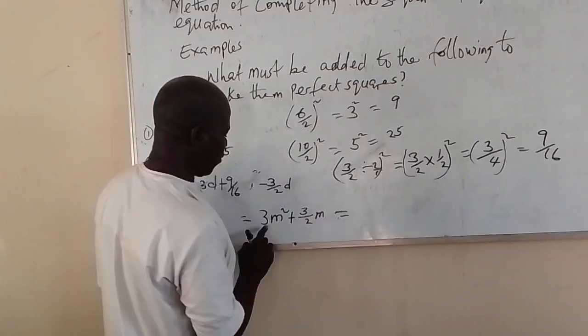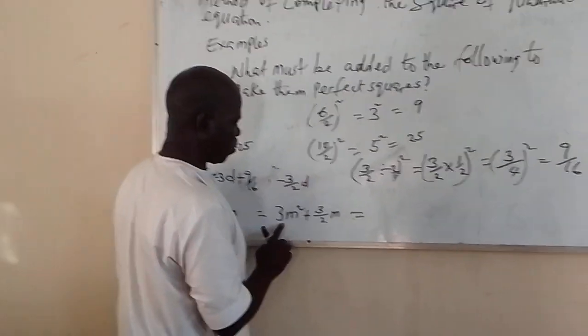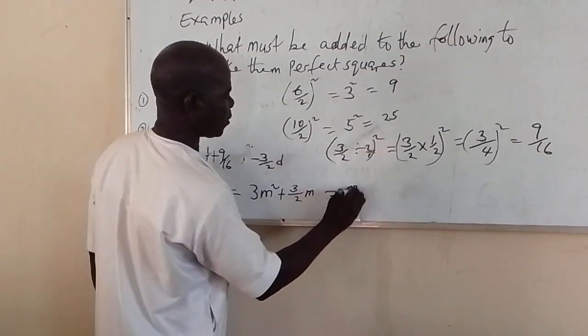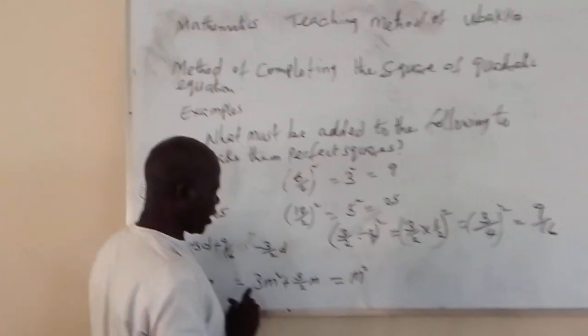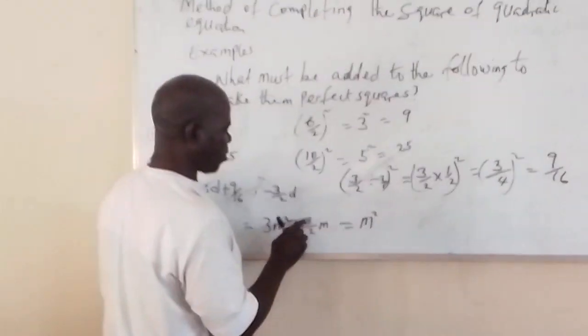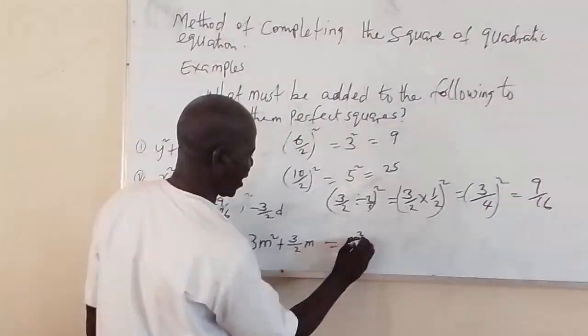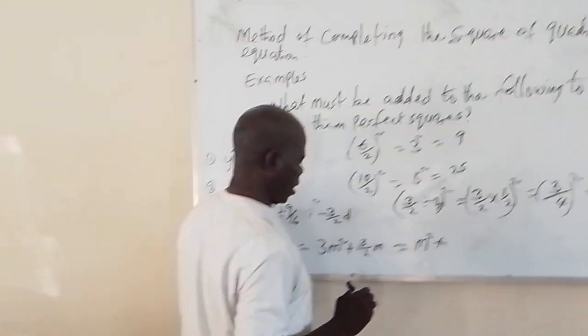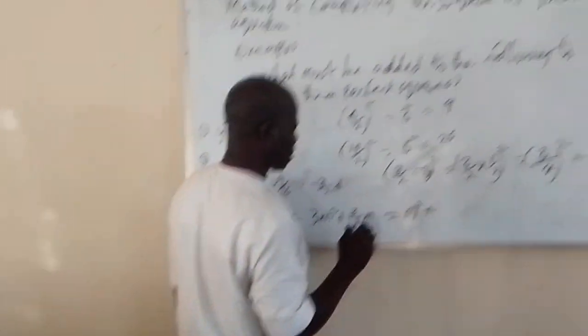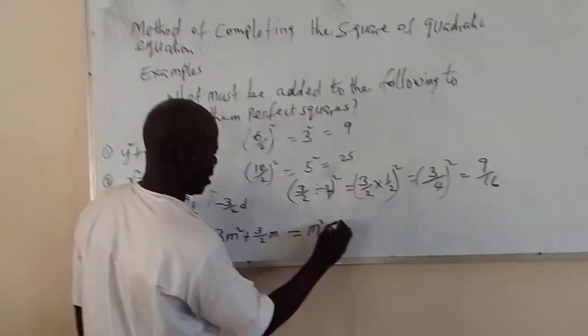And that is going to be the same thing as writing it as: if you divide this 3m squared by 3, I will have m squared. If I divide 3 over 2 by 3, then you will have plus 3 all over 2.